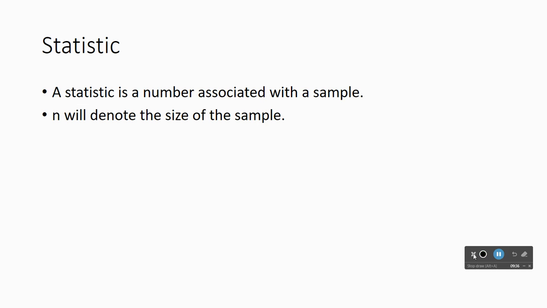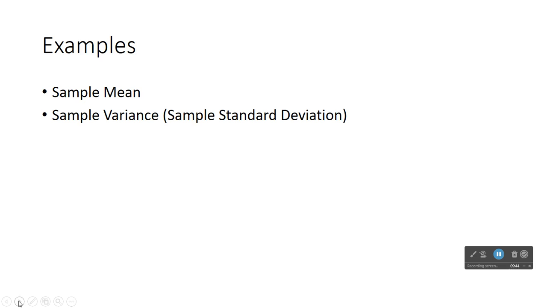Statistics are typically used to estimate parameters. Two examples that we will have: one will be the sample mean, and the other is the sample variance, and associated with that is something called the sample standard deviation.